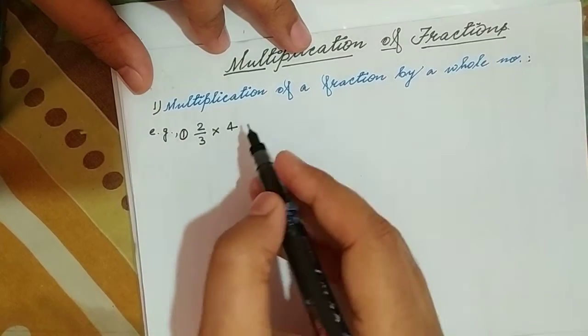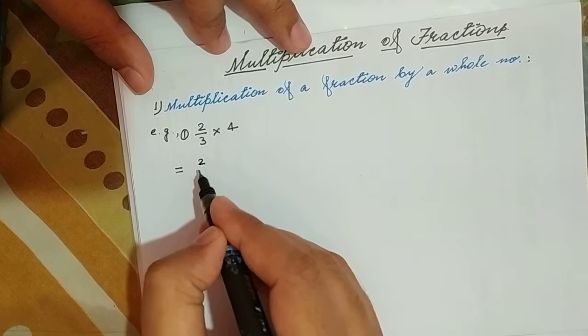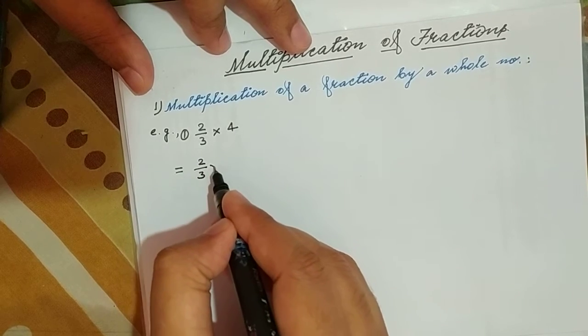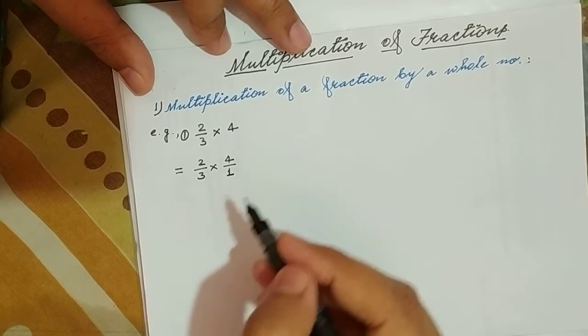तो जब मल्टीप्लाई करना होगा तो दिस 4 कैन बी रिटन एज 4/1। So 2/3 into 4/1.